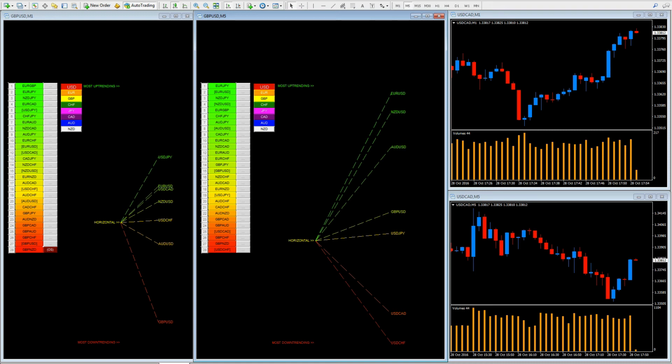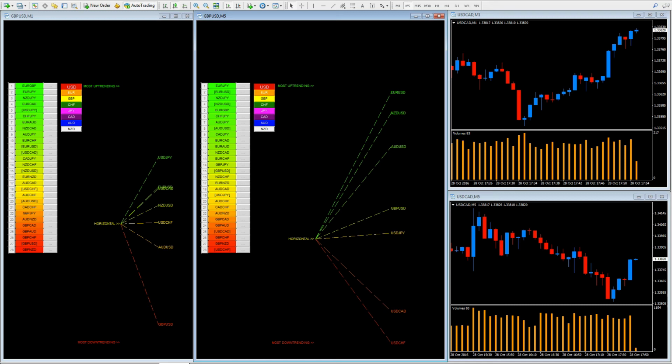So as the euro dollar and the New Zealand dollar are falling, so the dollar CAD is rising. So everything is falling into place very nicely here. And it's developing a very, very nice trend in real time.